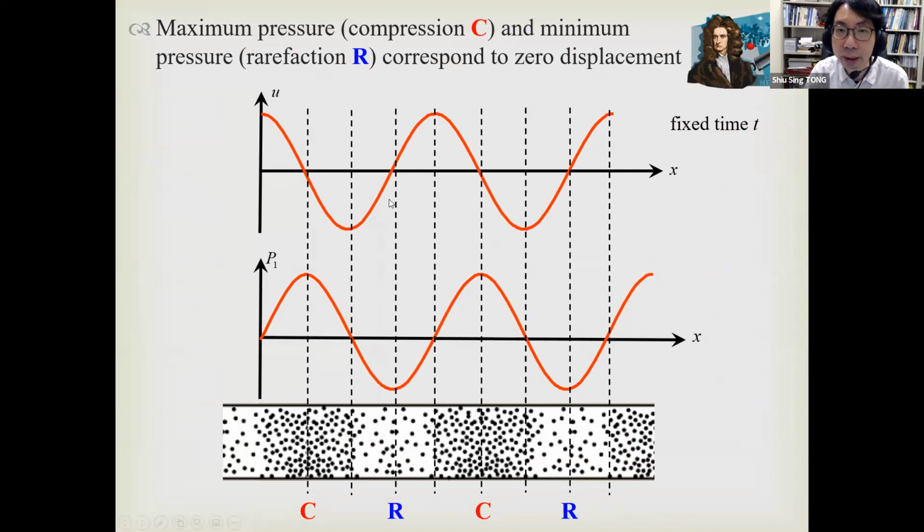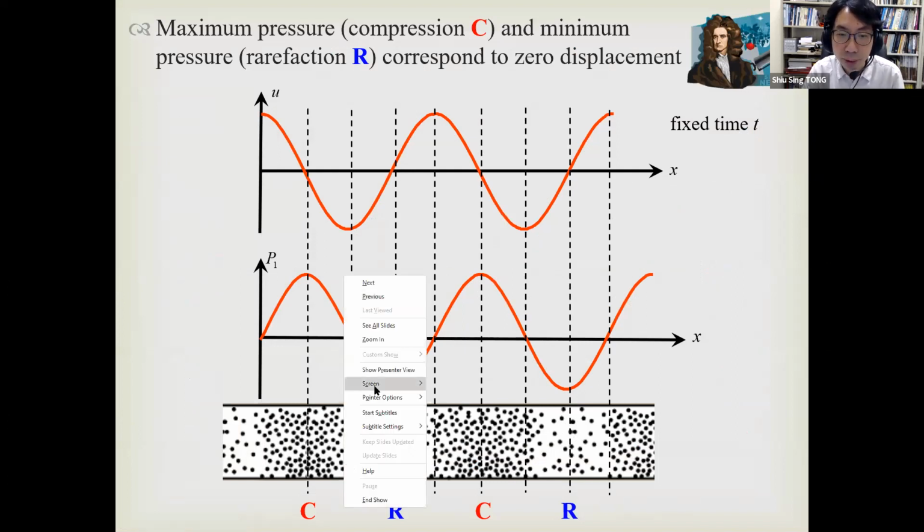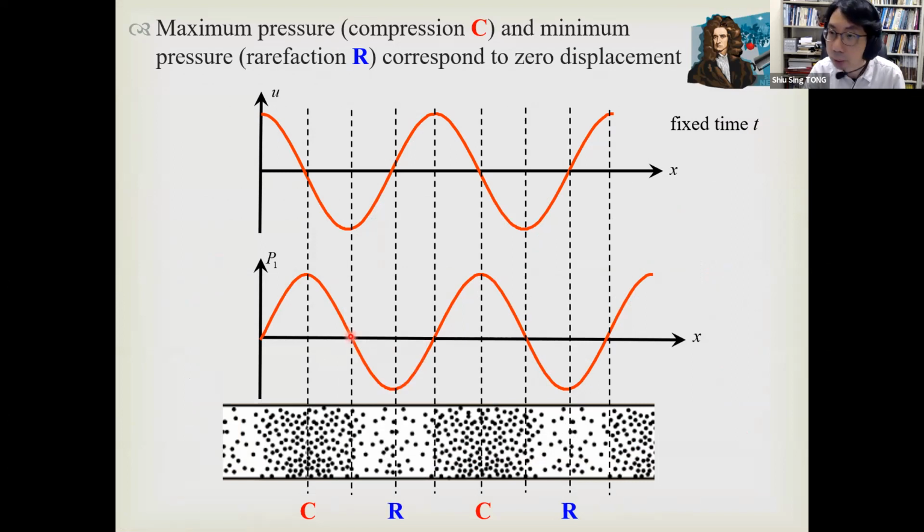Whenever you have a zero disturbance in the pressure, like here, it always corresponds to a maximum or minimum, the largest displacement of the air molecules.